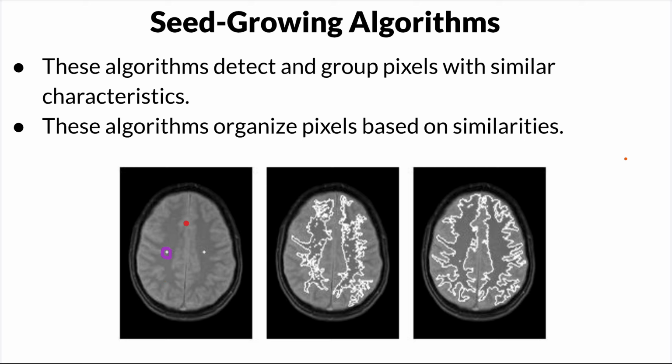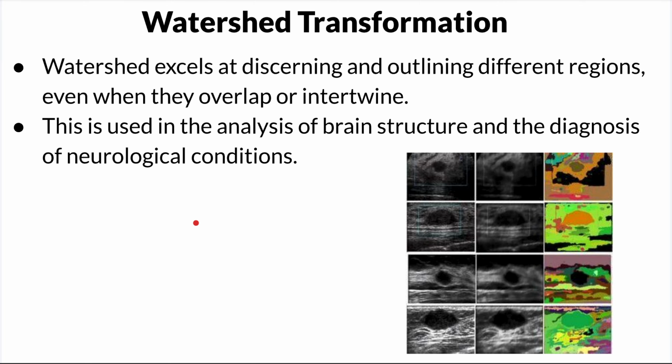The pixel intensity is over there, and we use that intensity to grow and segment. So it detects a group of pixels with similar characteristics. As you can see, it can grow. You can let it grow, but if it grows too much, it goes into other areas as well. Is there a question or a mistake?